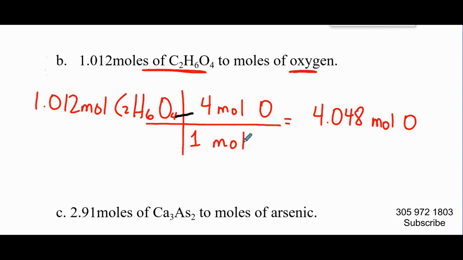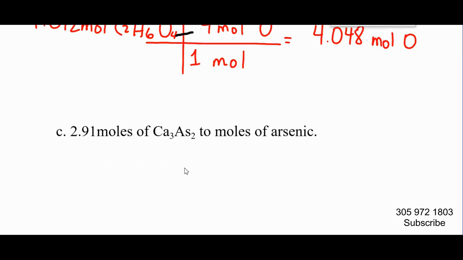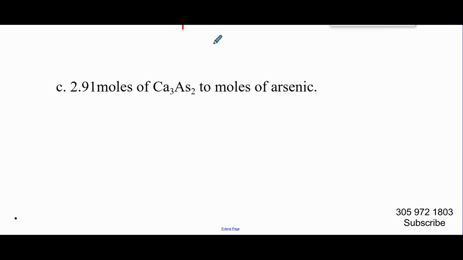Part 3 of the same question. Don't forget the question asked me to go to moles of the element from the moles of the compound. This part says 2.91 moles of Ca3As2 to the moles of arsenic, which is As. Okay, begin with what's given.